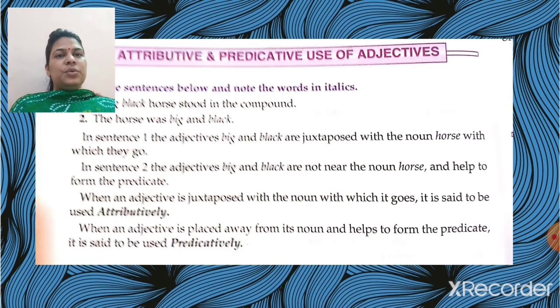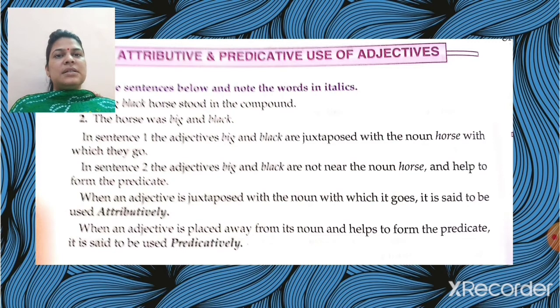So, horse is a noun, and big and black, both of them are adjectives of quality which are placed before this noun. In the second sentence, the same sentence has been written in a different way. The horse was big and black.